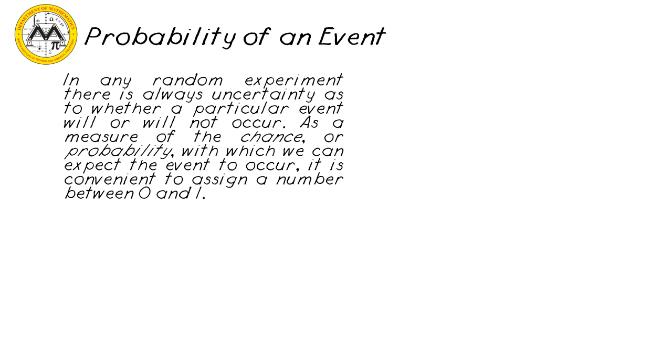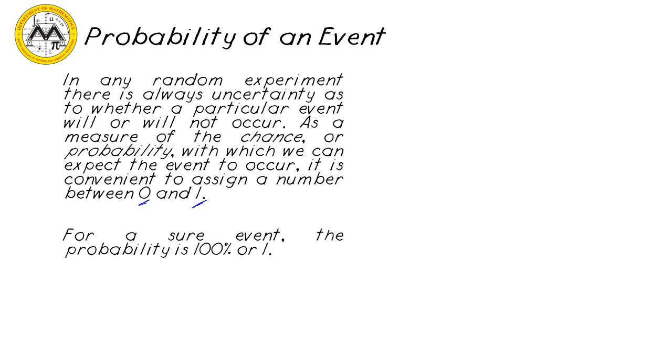In a random experiment, there is always uncertainty as to whether a particular event will or will not occur. As a measure of the chance, or probability, with which we can expect the event to occur, it is convenient to assign a number between 0 and 1. So the lowest probability should be 0 and the highest probability is up to 1 only.